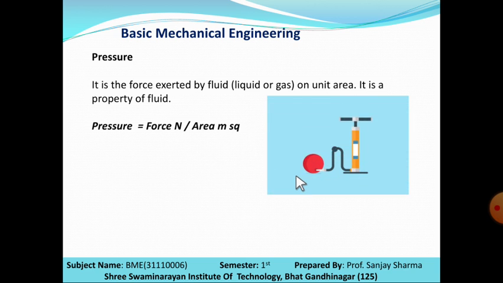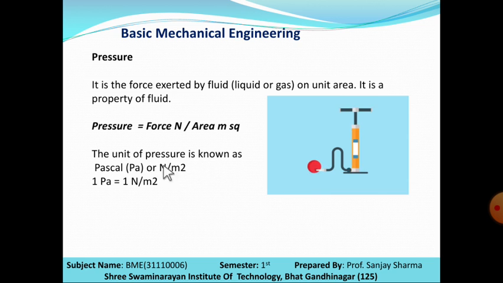So you can see here what is the pressure. In this animated portion, some force is applied on a unit area with the piston, and some air is compressed and pressure is created, and that pressure in terms of air inflates the balloon. So this is how the pressure is generated.